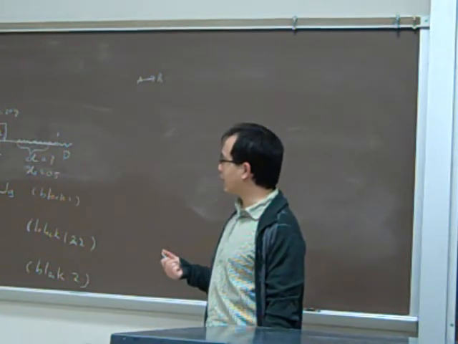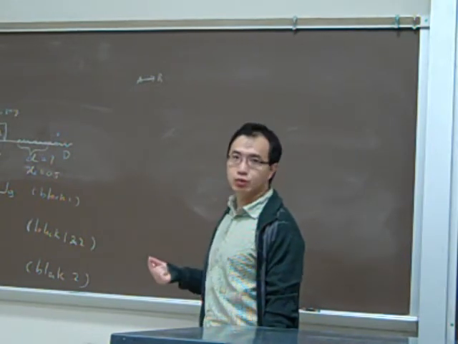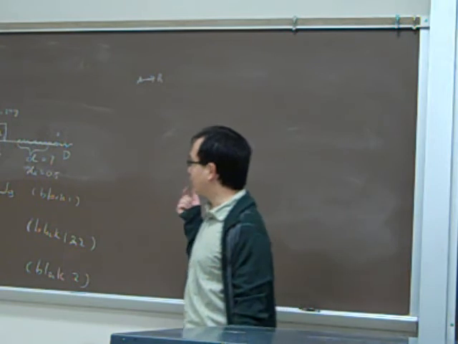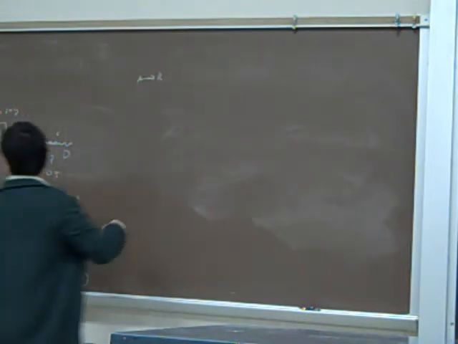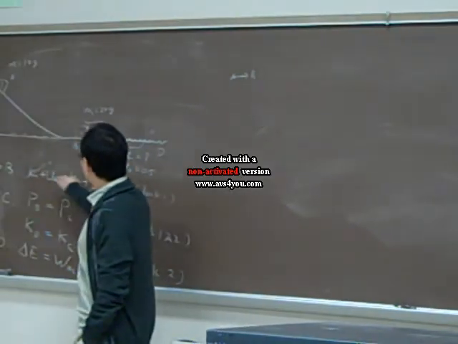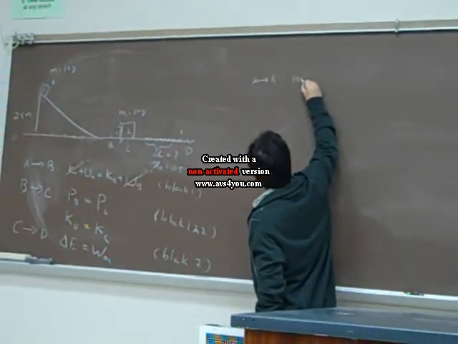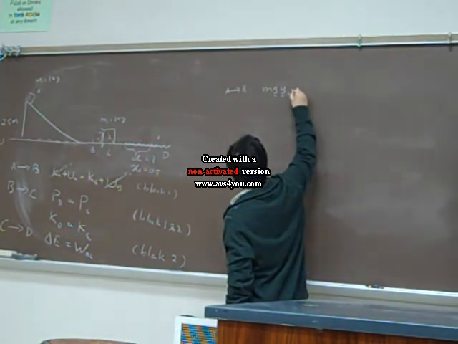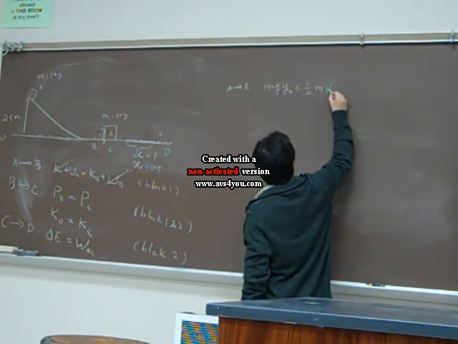Initial kinetic energy Ka. Anything else? The final potential energy Ub. Okay, you can choose it as 0. Of course, in this problem, you want to choose the ground as 0, right? So Ub equals 0. And then you have Ua equals Kb. In other words, you have m g yA equals 1/2 m vB squared.